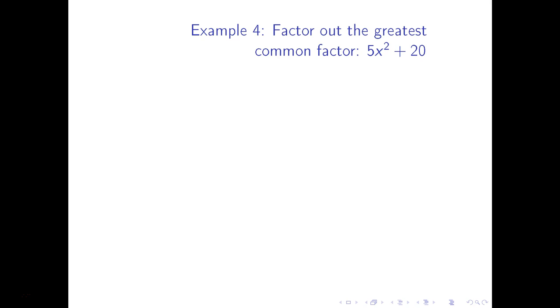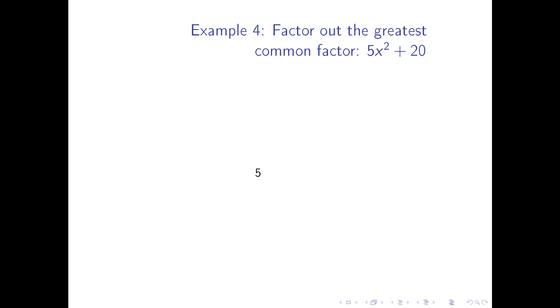Well, we now use it because we're going to factor it out. The way we factor it out is you first find the greatest common factor. So on this example, 5x squared plus 20, I want you to first see that 5 goes into both the numbers. So that's my greatest common factor.